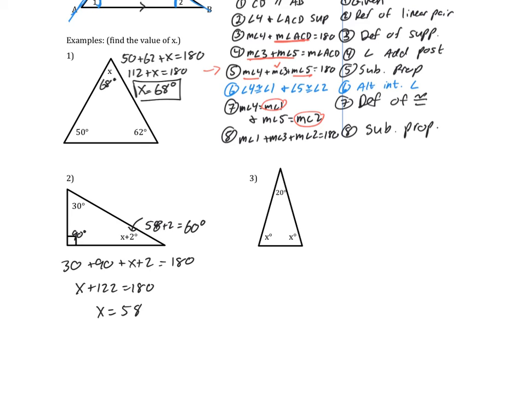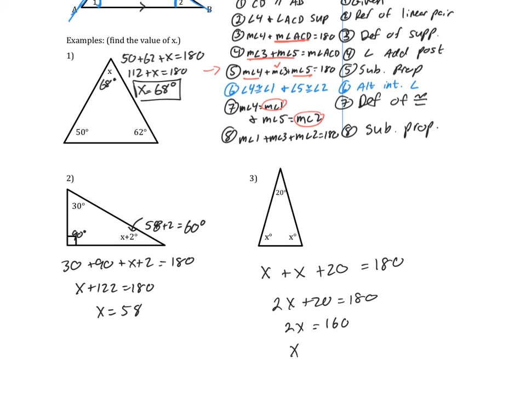So just be careful with this one. Don't assume that your value of x is always the value or the degree measurement of the angle, because in this case it is not. Okay, last one. So let's just add all 3 angles together. x plus x plus 20 equals 180. So that means 2x plus 20 equals 180, or 2x equals, subtracting 20 from both sides, 160.